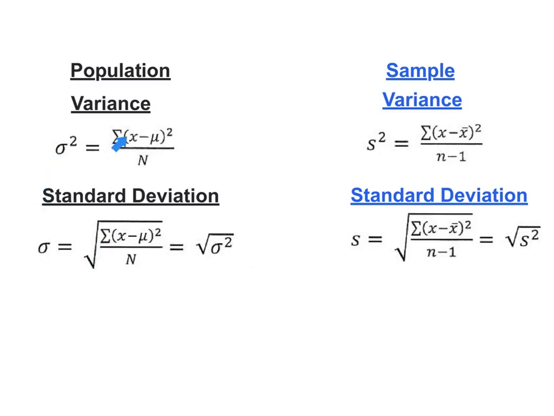Taking this and squaring it will give me this. Taking the sample standard deviation and squaring it will give me the variance. That's the relationship. And the standard deviation is what we're going to spend most of 3-2 focusing on, but we're going to look more at that on Thursday.